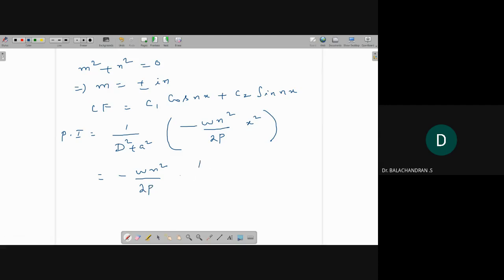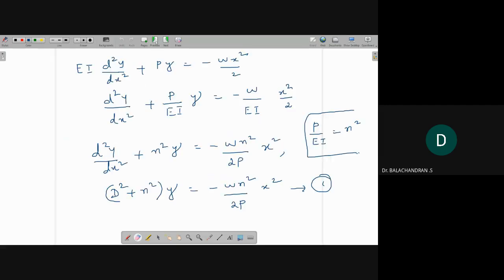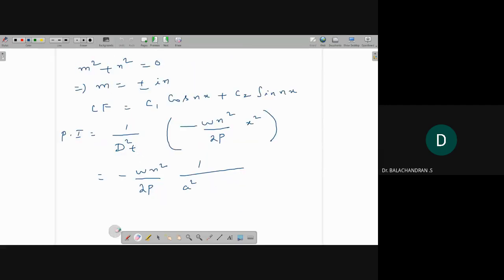So 1 by n square into 1 plus d square by n square, into x square.